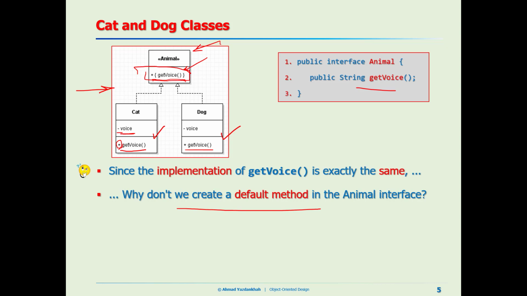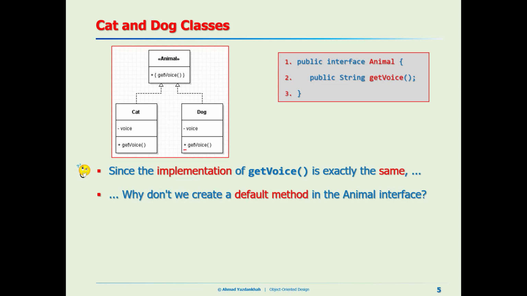Let's implement that with the default keyword, as you know from the interface lecture. So why didn't we do that in the previous lectures? Because we couldn't. Why?